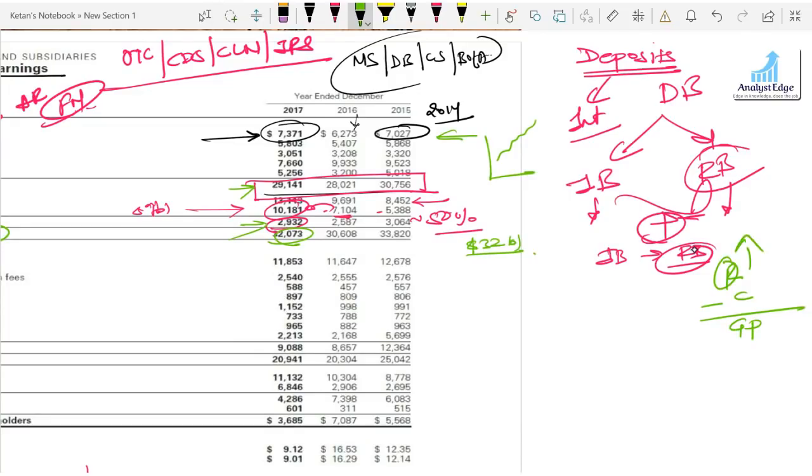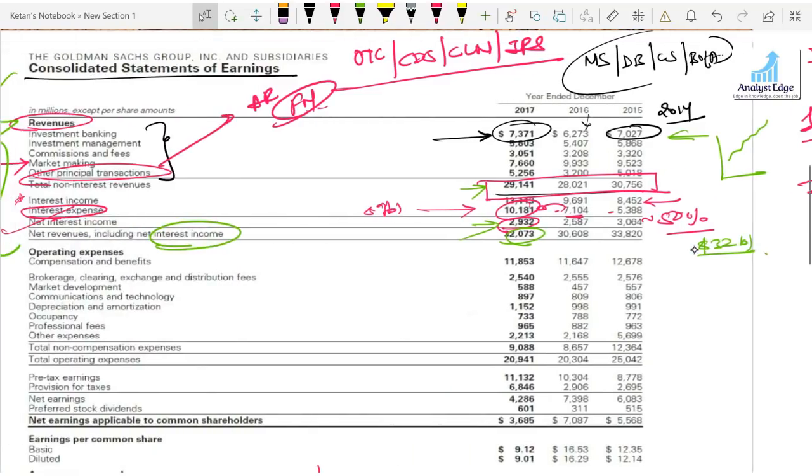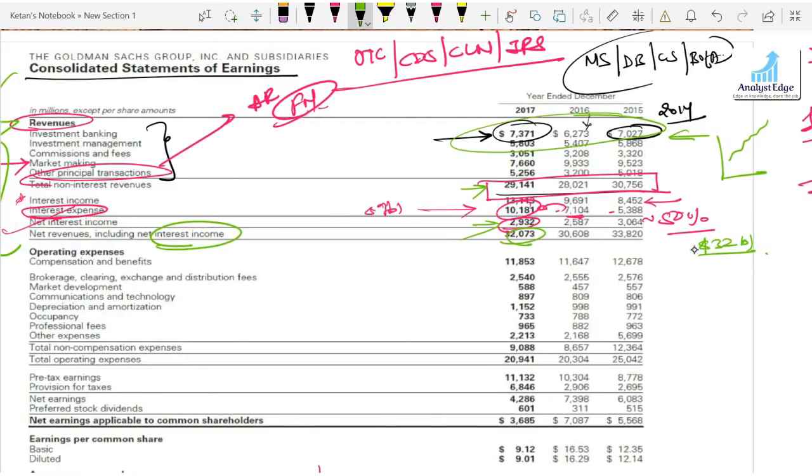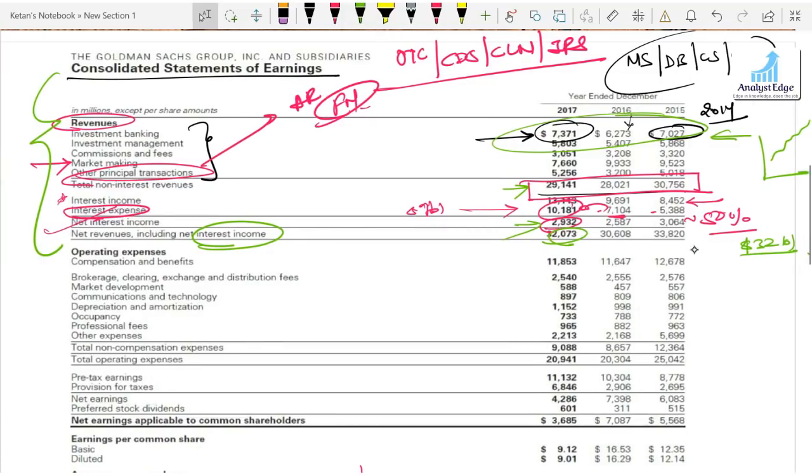Either let this go up, or if this is stagnant, make sure that this goes down. Right? In any kind of function. So the whole purpose is that my gross profit should go up. Now, if the revenues are quite stagnant for the last 3 years, I would expect Goldman to take care of their cost. Now, these are the cost headers that you see out here.